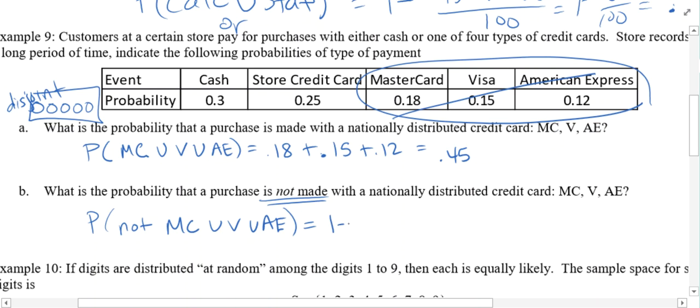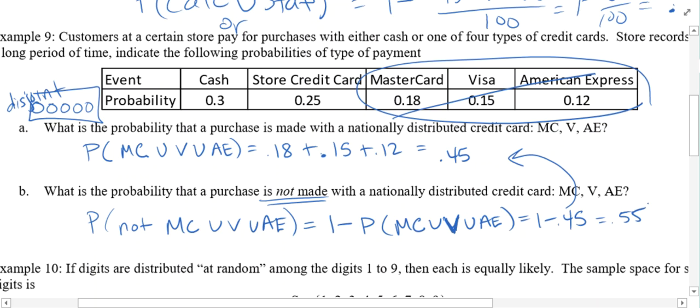That, in this case, is just 1 minus the probability of MasterCard, Visa, or American Express. Sorry, my U and my V are looking very much the same. That's for Visa. Since we already found that probability, we're just going to do 1 minus 0.45. That's what that answer is. Okay, so 0.55.